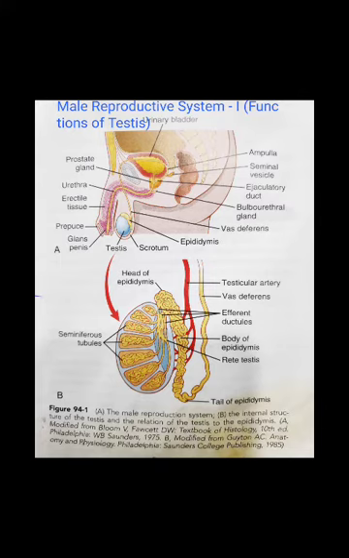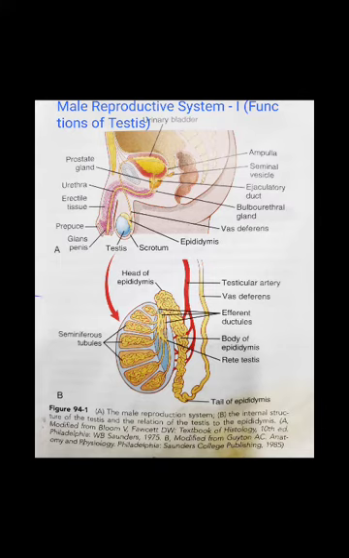The contents from both ampulla and seminal vesicles continue as ejaculatory duct, which continues into the prostate gland, then continues as urethra.